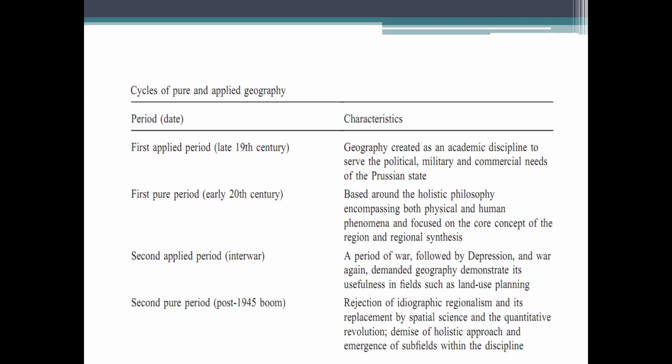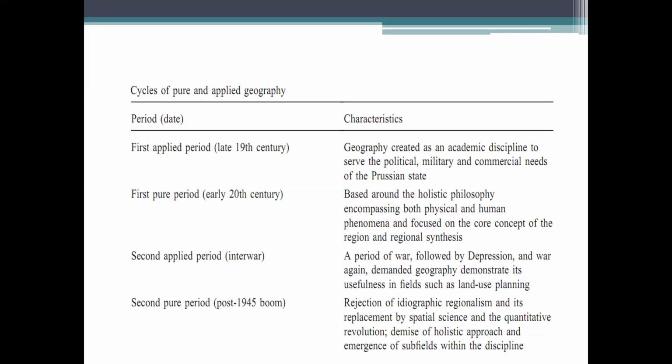Then we could see application of geographic knowledge and techniques, particularly interwar period. Just after the First War, the geographic knowledge was at that time very important to rebuild the society.